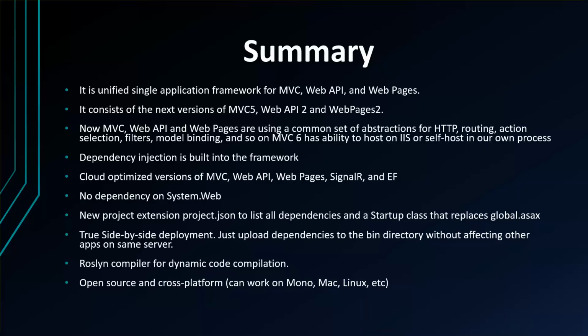It is the next version of MVC 5, Web API 2 and web pages. Now MVC, Web API and web pages use a common set of abstractions for HTTP routing, action selection, filters, model binding, and so on.